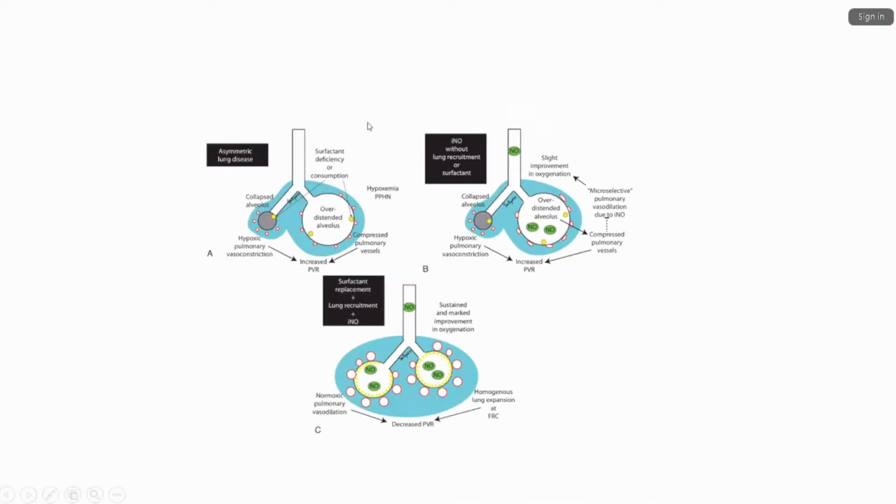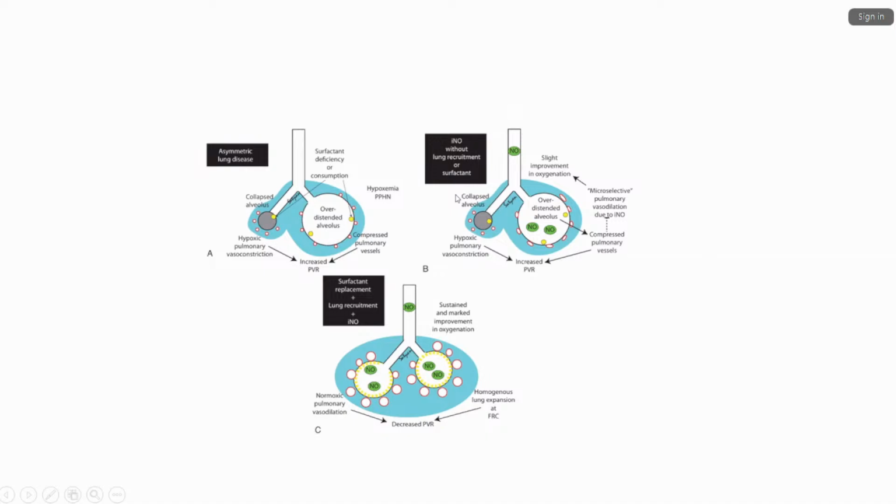This is the picture which is depicting the role of iNO with or without surfactant. So in the first case, asymmetric lung disease, where surfactant deficiency is there, you can see the complete alveolus is collapsed and another one is distended. In the second case, iNO was given without lung recruitment or surfactant.